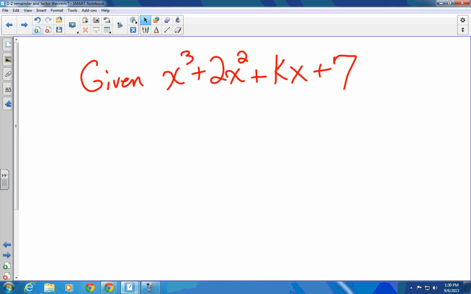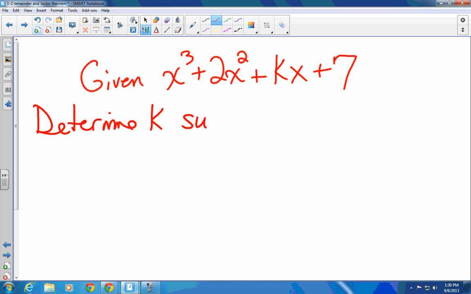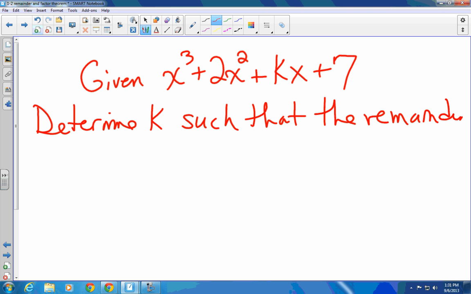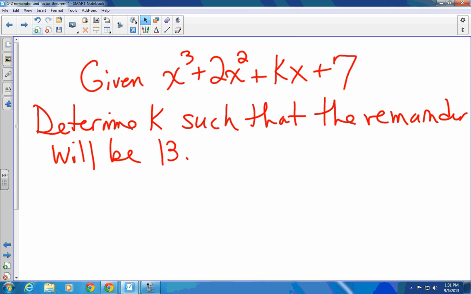Yep, that's a K. What you have to do is determine K such that the remainder will be 13. And again, I could pick any remainder at this point, but I picked one. I just did the problem over here quick that hopefully works out.